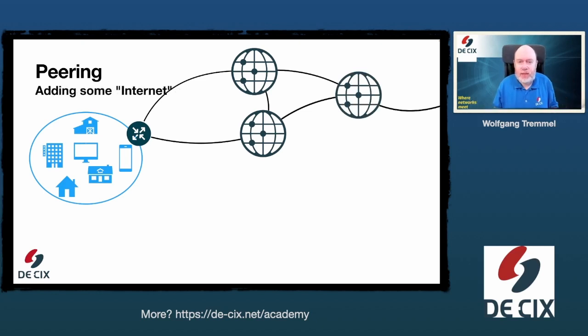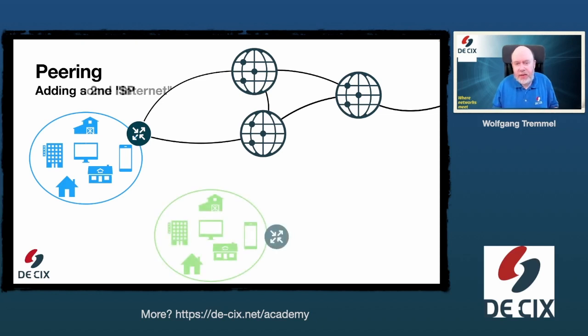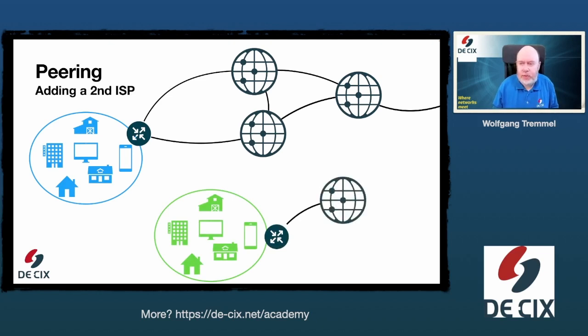The picture is a bit simplified. Usually, if you have a redundant connection, you will not let it end on the same router, but you also have multiple routers. Adding another ISP, here the green one, also has connectivity to an upstream provider, which is interconnected with other providers. So a simplified picture of the internet like it existed and still exists.